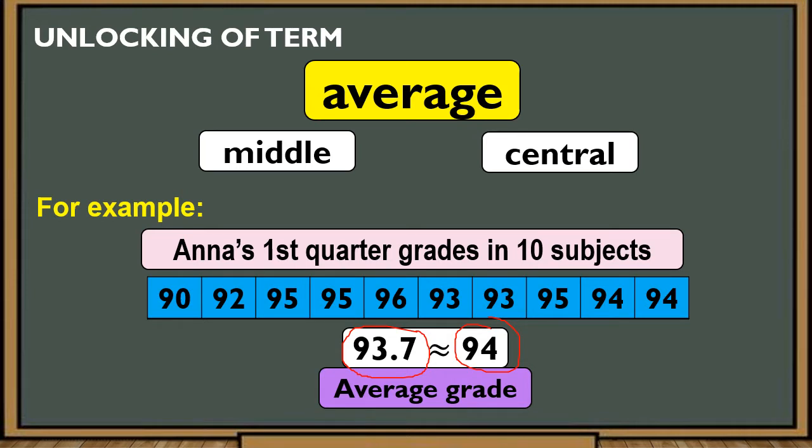If we find the center of the 10 grades, we find that the average is 94. So this average grade represents the 10 quarter grades of Anna.